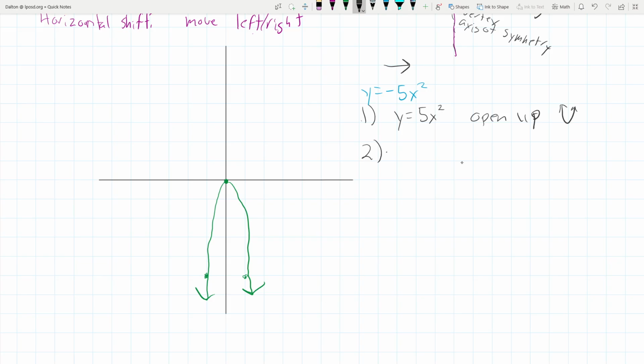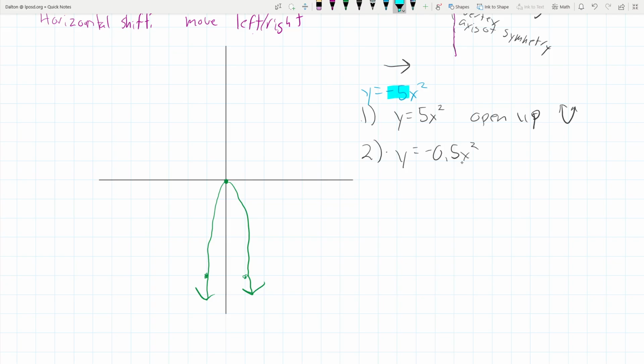And then number 2, we have y equals negative 0.5x squared. And so I have to think, all right, is this greater than 1? Is it less than 1? And what's kind of happening? Really I'm basing it off of the specific thing that we already did.